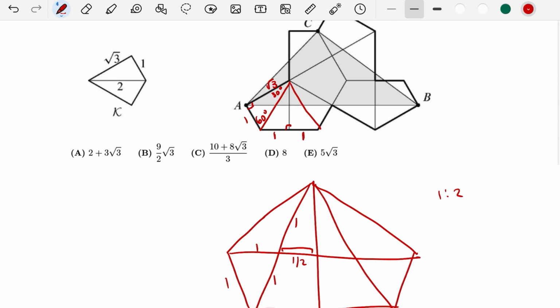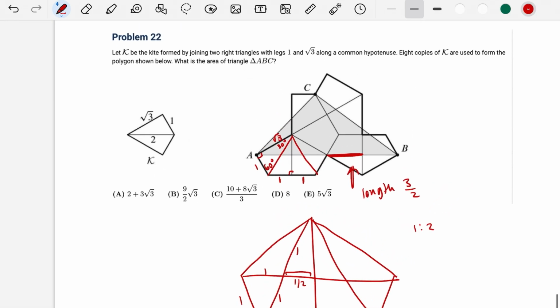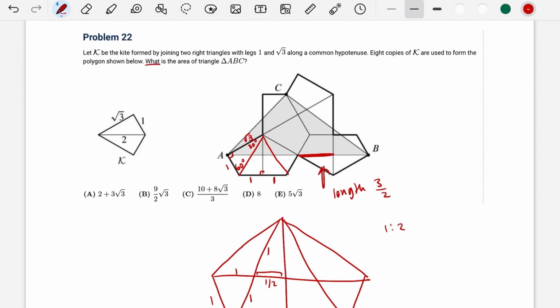So basically we know that this segment in our diagram has length 3 over 2. So going back to the area of triangle ABC that we're asked about, we know the base is 4 times this length, or 6. And now we can look at the height.